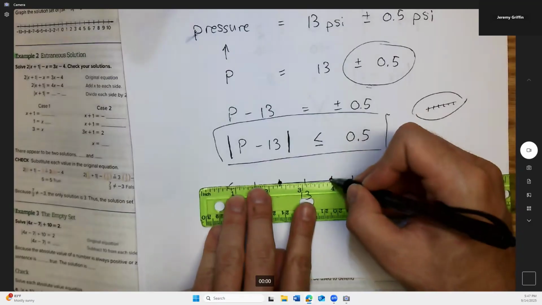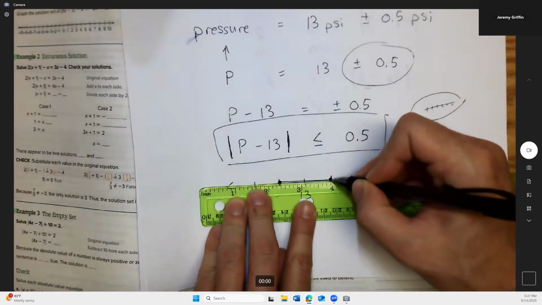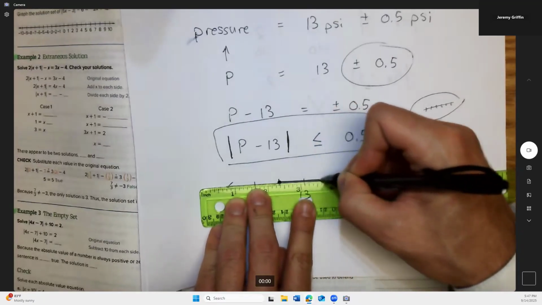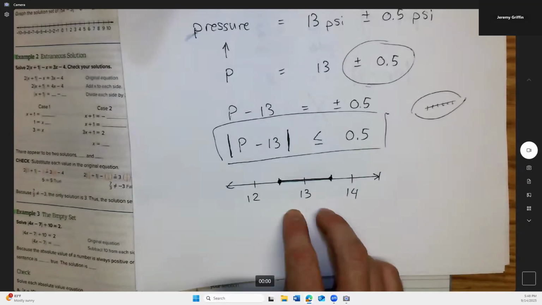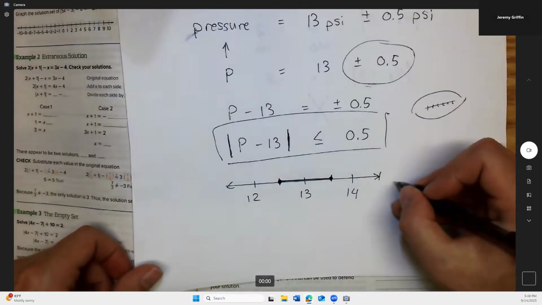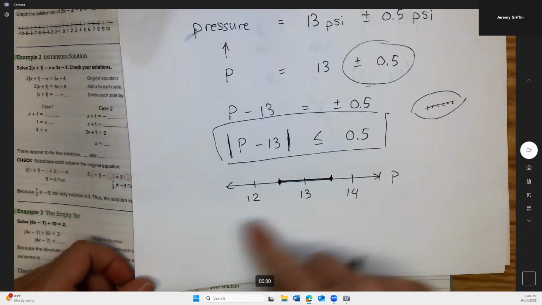Anything in between is definitely allowed. Ideally, if it's really close to 13, or if it is 13, that would be the best. So look for 13 psi plus or minus a little bit. There it is on the number line, put P for pressure on this number line.